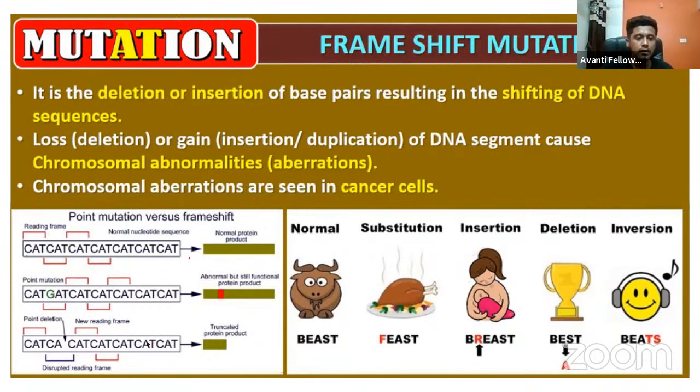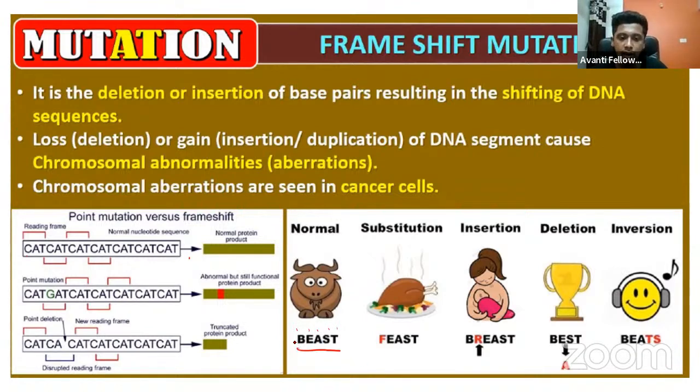Now, when you look at a frameshift mutation, the entire reading frame is affected because of either deletion, insertion, or duplication. Let us say that BEAST, B-E-A-S-T, is a normal reading sequence. This is how I read.